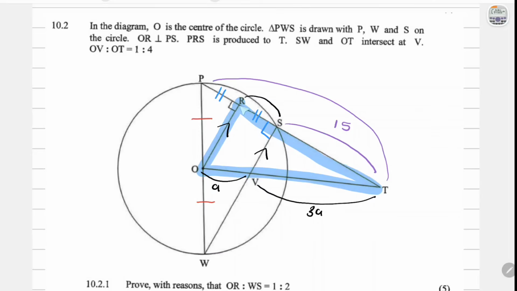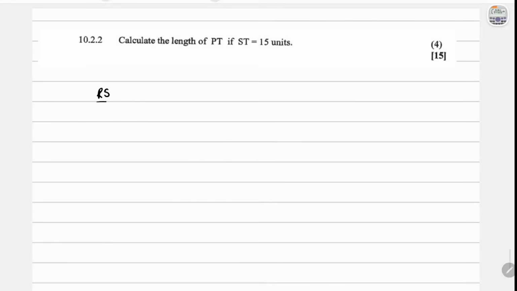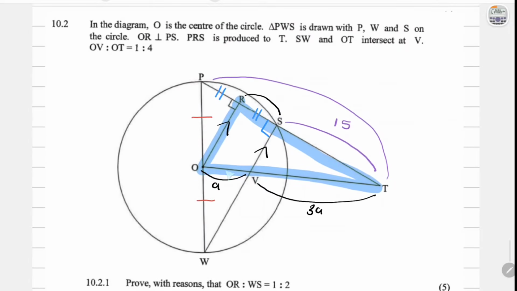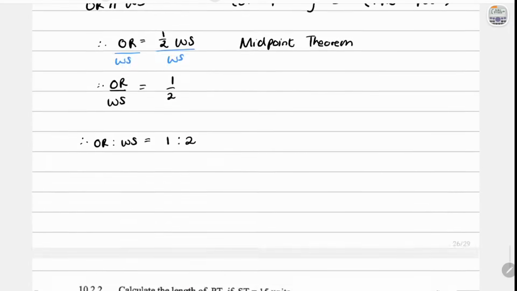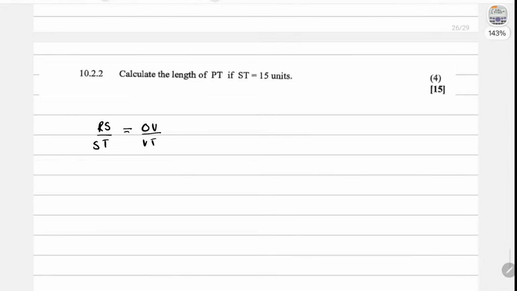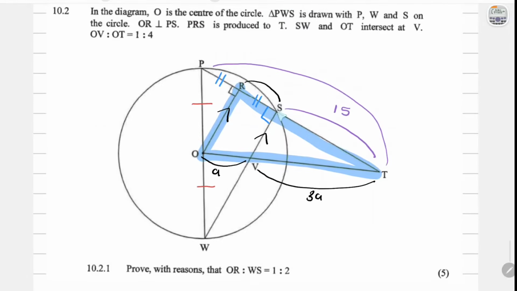So I'm going to say RS over ST in that order. So RS over ST, that ratio should be equal to OV over VT. OV over VT, and then just give the reason. And the reason is because we have a line drawn parallel to one side of the triangle.